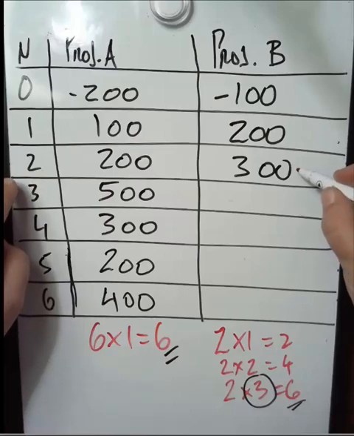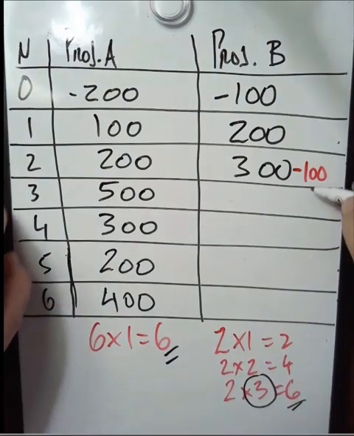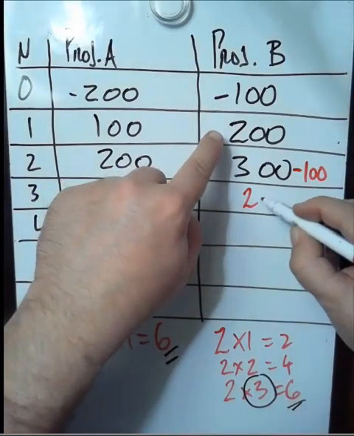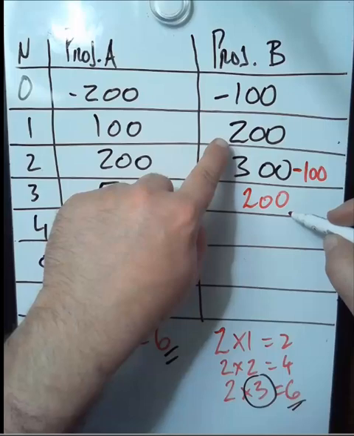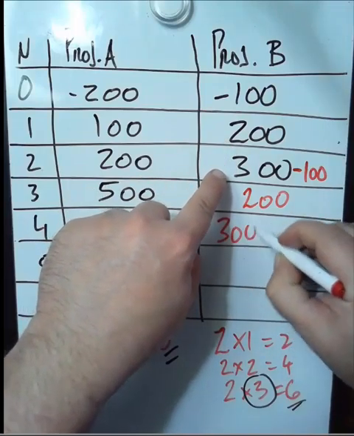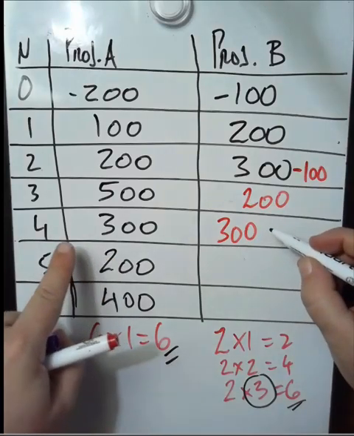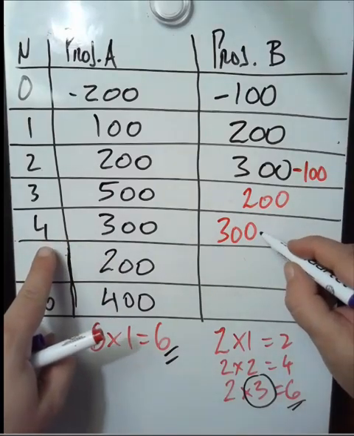So to start another replica, we need to invest 100, and then a year later we get 200 positive cash flow, and then 300 again. However, we need to create a third replica. So the third replica starts at year 4.